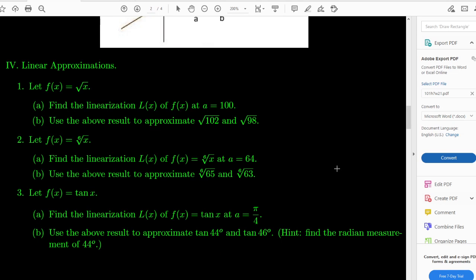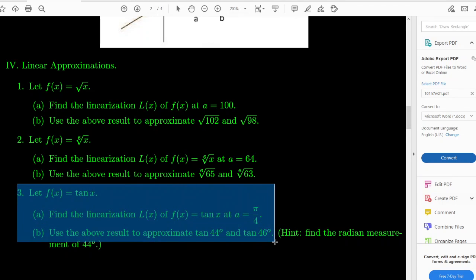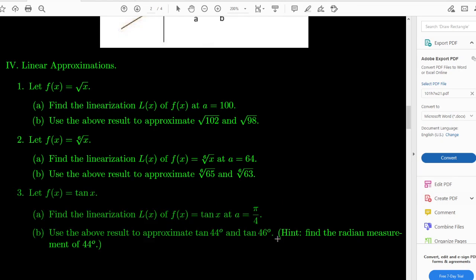Okay, now let's move on to 3. 3 is a little bit weird, a little bit complicated. We mentioned before that in calculus we never use degree measurement, so this time I'm trying to say you have to convert the degree measurements to radians.